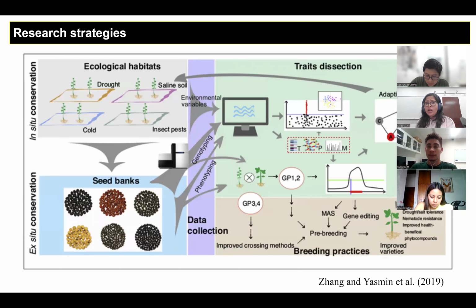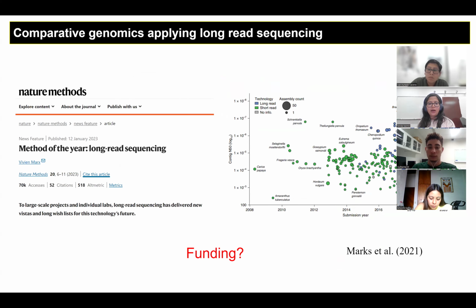So what approaches can we take to find out more about this interesting species? We can choose different ecotypes of this plant species from variable environments and do genomics and metabolomics. For example, we read about long-read sequencing in the Marks et al. paper, right?